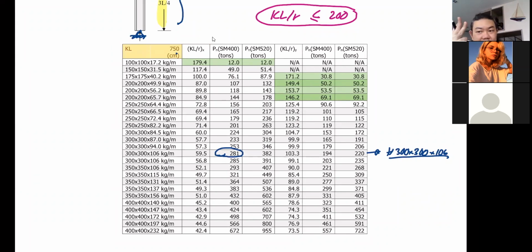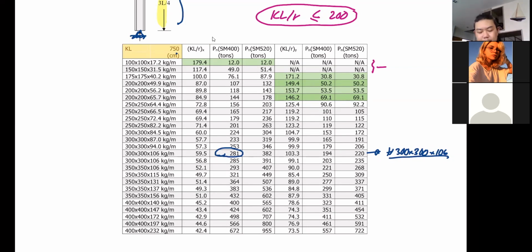Remember, it's 300 for tension members, right? For the practical purpose, for transportation, for everything. But for compression member, anytime, anywhere, your KL over R should not exceed 200. And for this case, they become NA because the KL over R Y exceeds 200. So that's why you cannot use them.